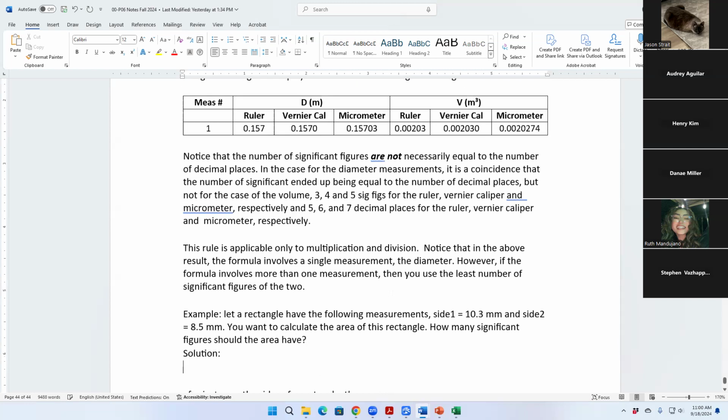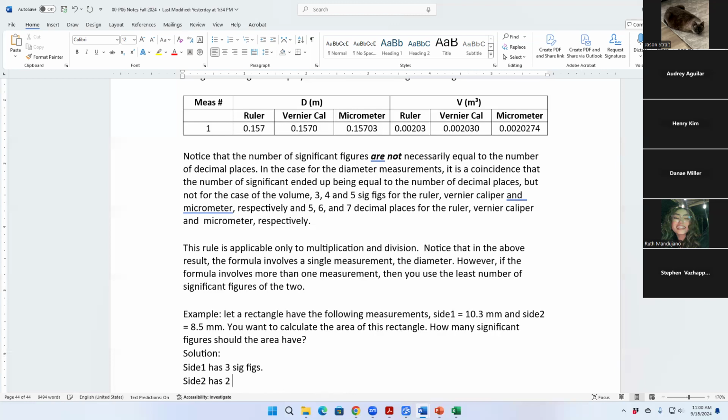Solution. Can you picture that? Side 1 has 3 sig figs. Side 2, I'm not asking you to calculate the area. I'm just asking you how many significant figures the area must be displayed with.